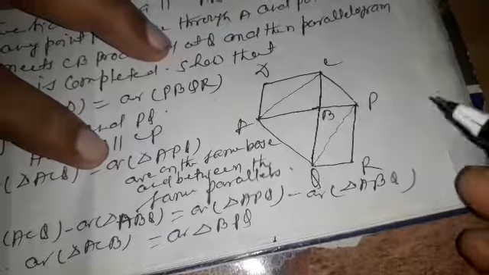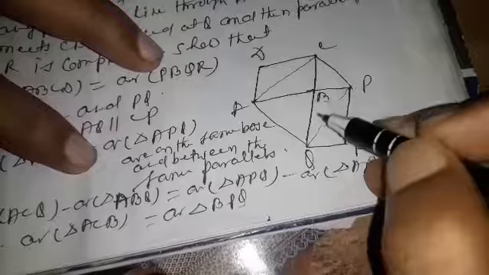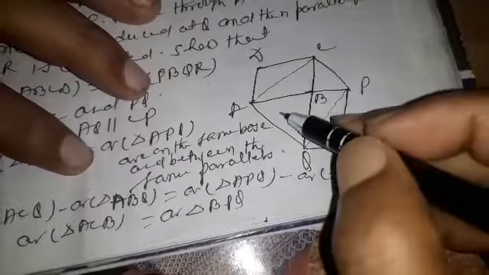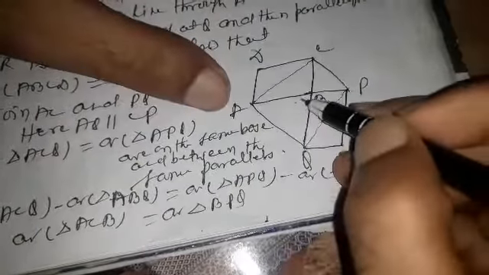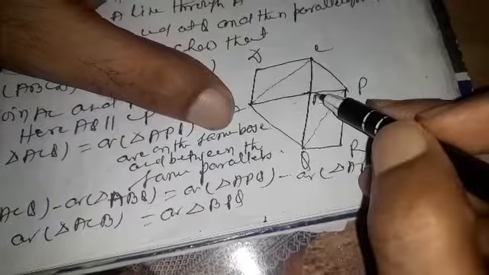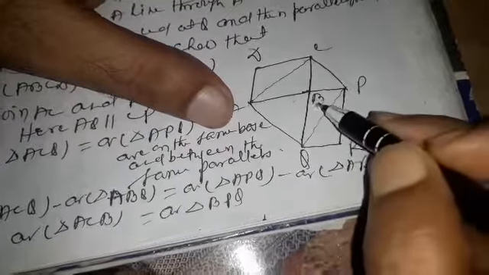So the area of this triangle is equal to the area of this triangle, and therefore the area of this triangle minus the area of triangle ABQ is equal to the area of this triangle minus the area of ABQ. So therefore the area of triangle ACB is equal to the area of triangle PBQ.